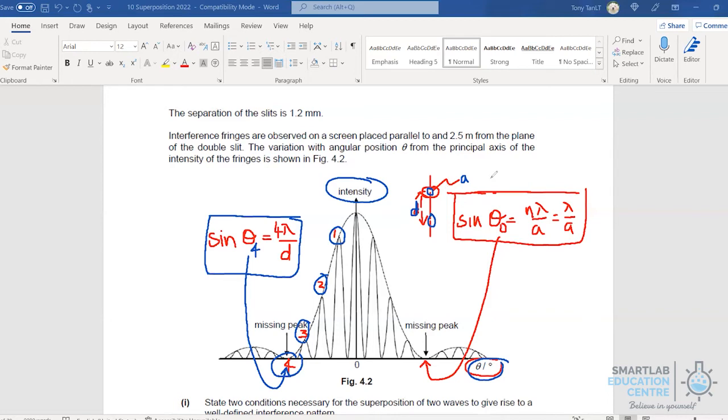And it has its minima governed by this equation here, the equation of a single slit, where the first minima will occur when sine theta is equal to n lambda over A in this case. So the first minima will occur when n is 1. So based on these calculations, when the interference maximum coincides exactly with the minimum of the diffraction pattern, you will have a missing peak.